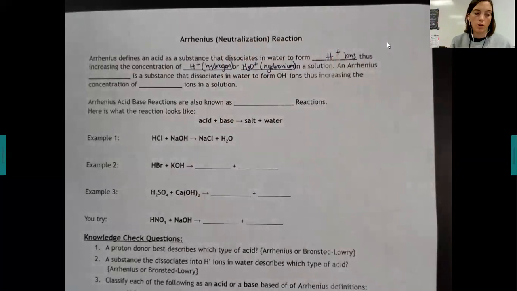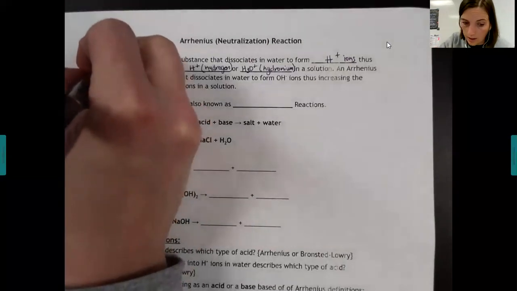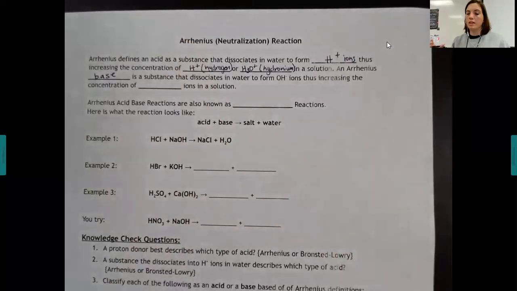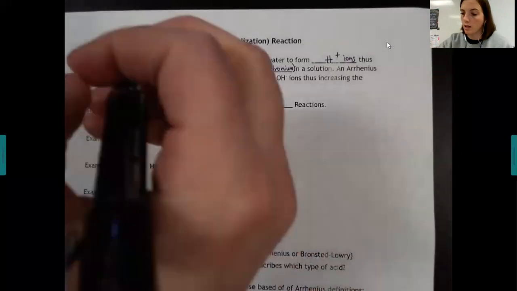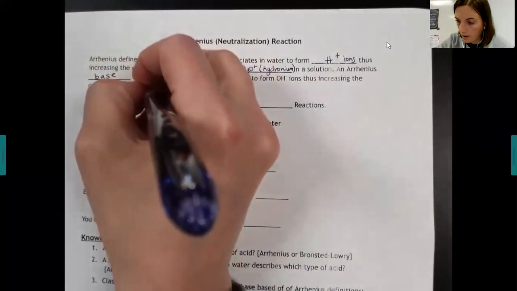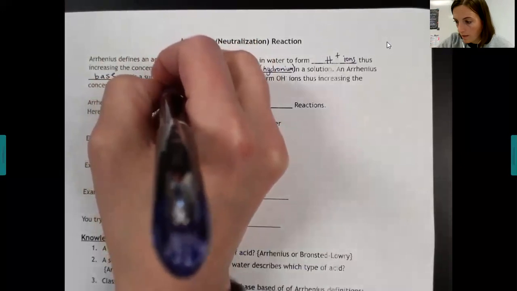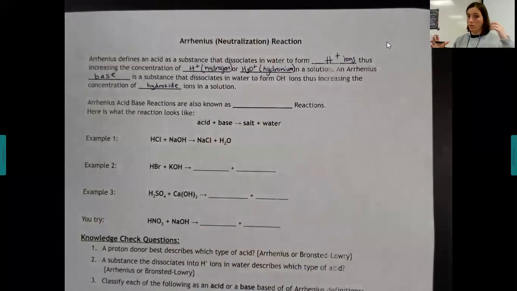This is more like what we were talking about yesterday with the acids. This is the original definition of an acid, that like hydrochloric acid releases hydrogen ions. An Arrhenius base is a substance that dissociates in water to form hydroxide ions, thus increasing the concentration of hydroxide ions in a solution.